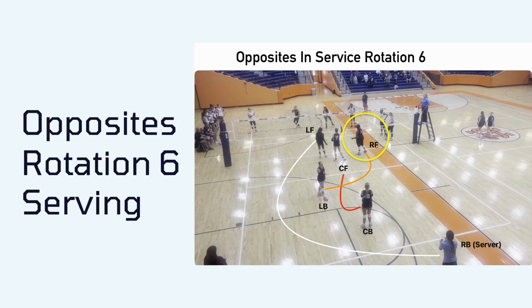Here's rotation 6 for our team when they're serving. Our libero is our server. We know who our opposite for our libero has to be: a front row player who was just involved in the libero replacement, if we are observing correctly. We know in rotation 6, our setter is our right front.